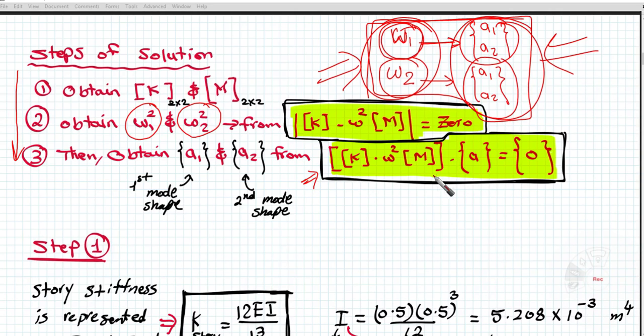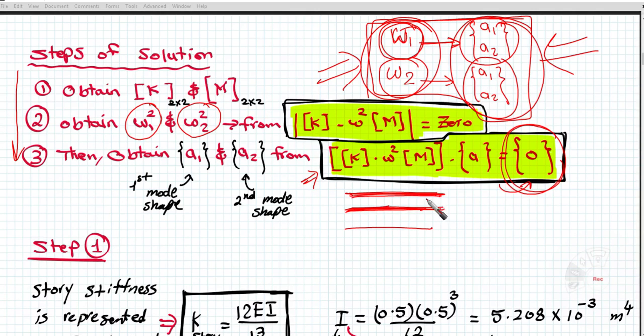From here, you are going to find that the left-hand side is going to be equated with the right-hand side, which is a vector of 0. And you are going to find several equations.